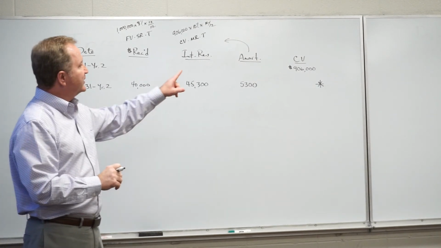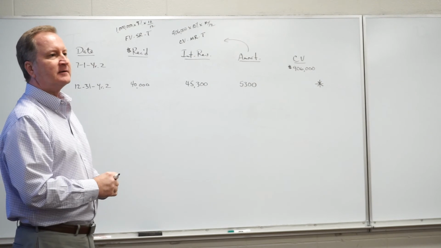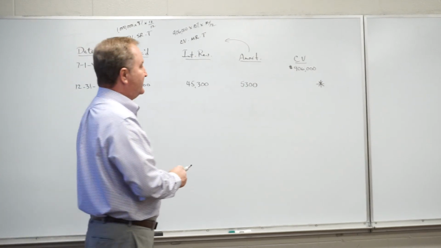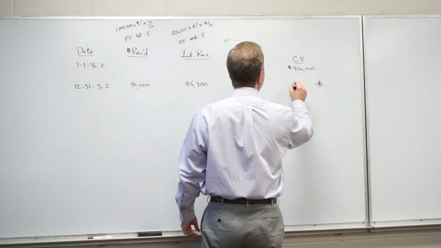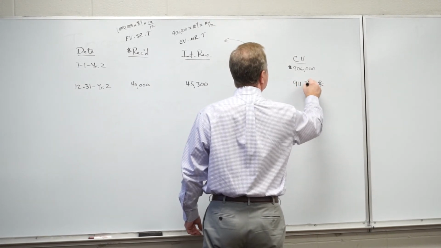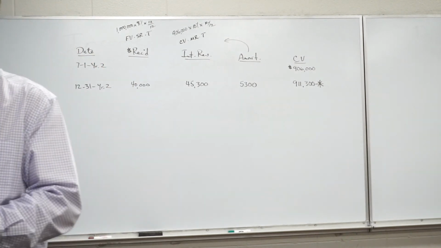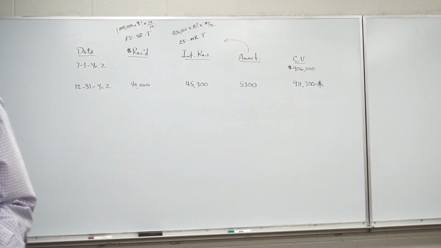And what are we going to do? We're going to add to the 906 or subtract to get the new carrying value? Because we're headed to 1 million, that will be 911,300. So our answer better be A.